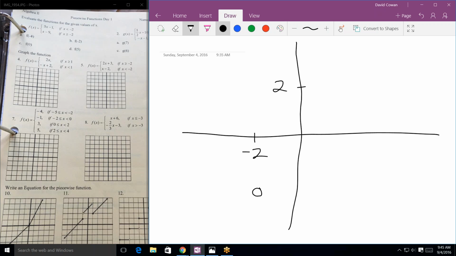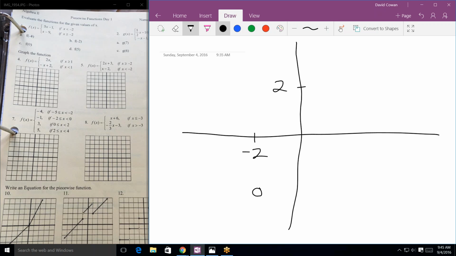So straight lines, the only thing we need is slope. What's the slope of this function? The slope would be up 4 over 1. The second function, what's the slope of that? We got x minus 2.